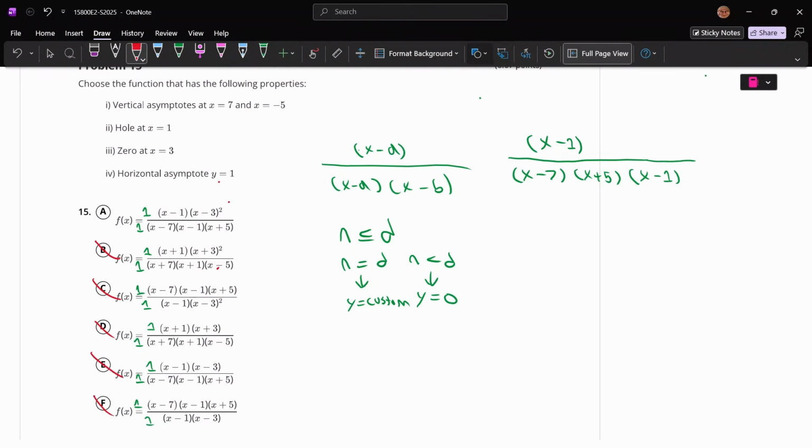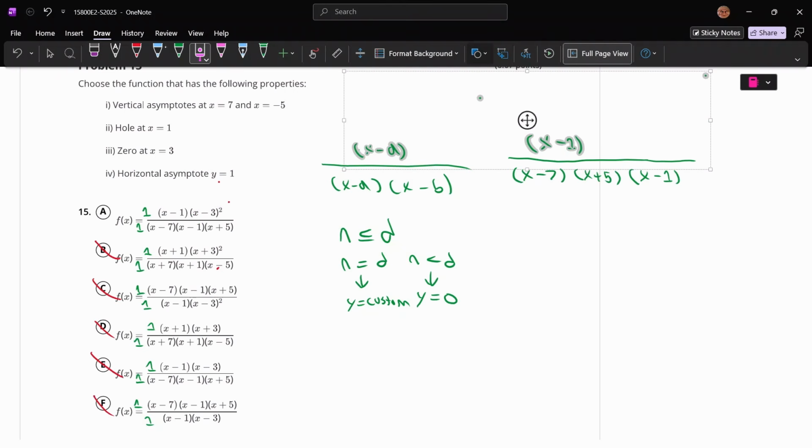The reason why is because I mentioned that the highest power is important. In this case, everything's been factored out, so in order to determine the highest power, you just have to add up all of the exponents of each of the factors in parentheses. So you can see here we have an x minus 1 to the first power and an x minus 3 to the second power here.